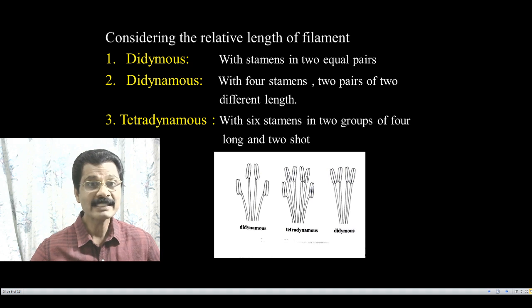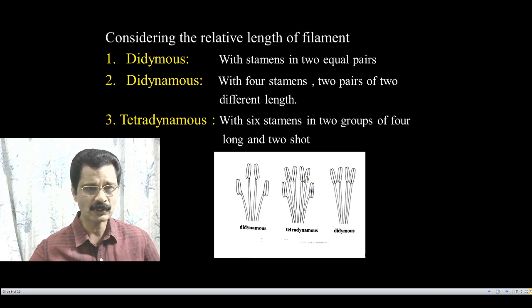Didymous means all the stamens are of equal length. Didynamous means 4 stamens are there, 2 longer and 2 shorter. And tetradynamous condition has 6 stamens in 2 groups, 4 long and 2 short.